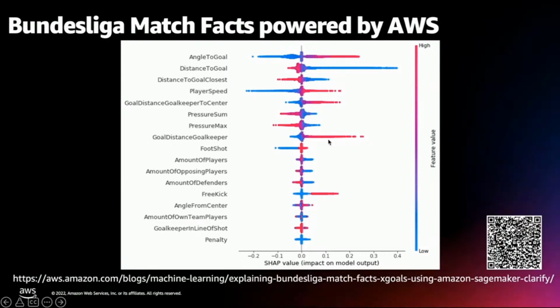So we could look at others here where the exact opposite situation occurs. So for example, the distance to goal, right? If the distance is large, which means the dots are red, then it's not influencing the goal likelihood.